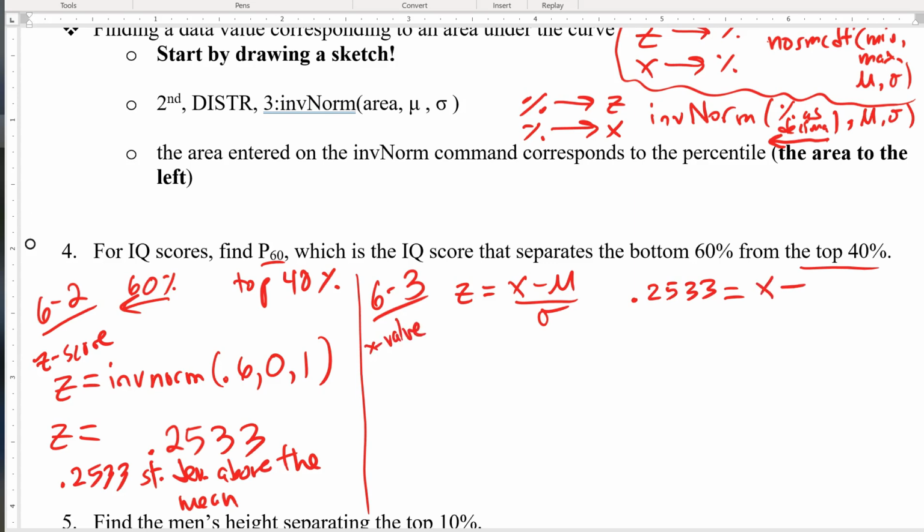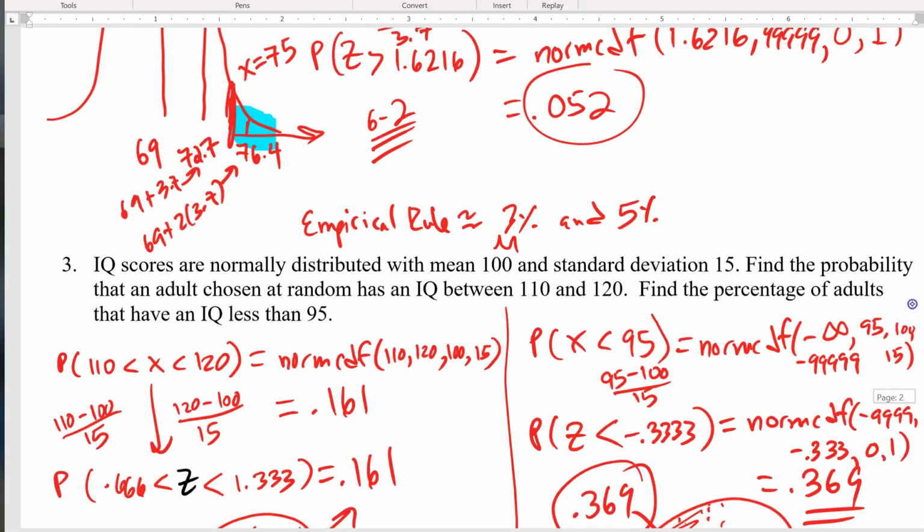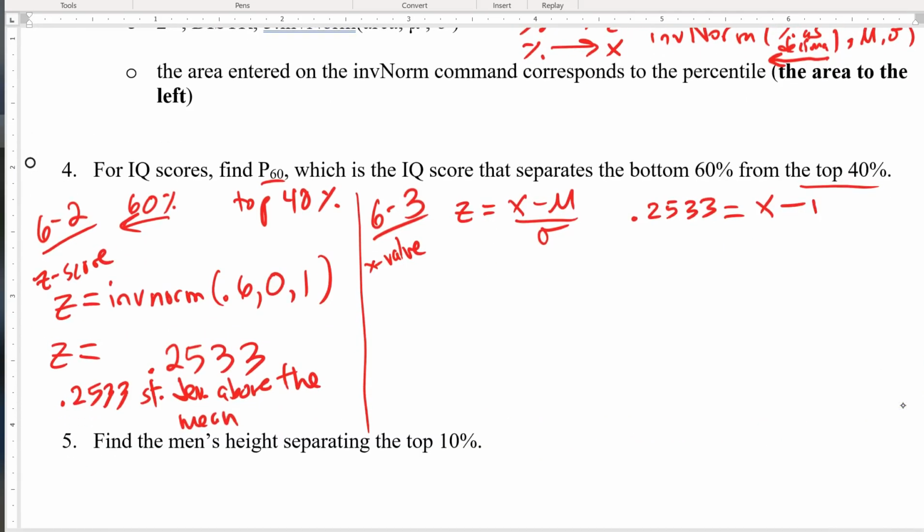But we know the mean, and we know the standard deviation of IQ, because that was on a previous question. The mean was 100, standard deviation was 15. So I'll use that 100 and that 15, and I can solve this for x by first multiplying by the 15, and then adding 100 to that.